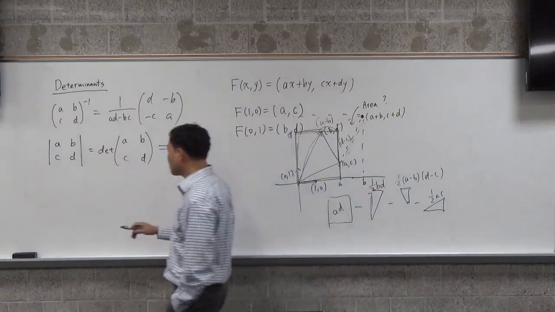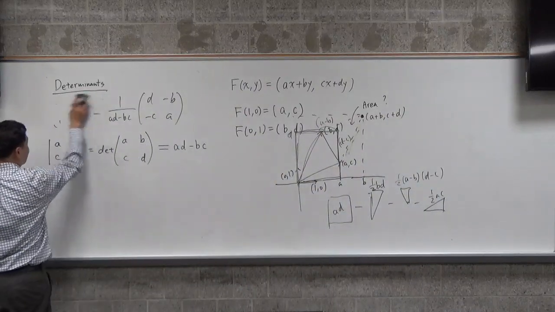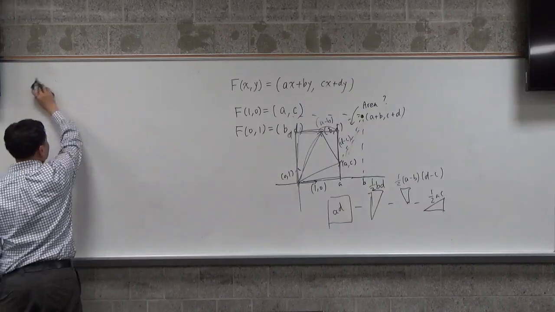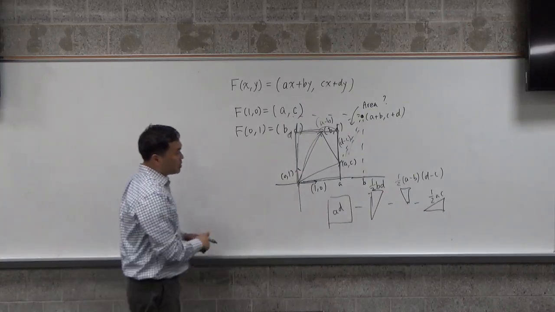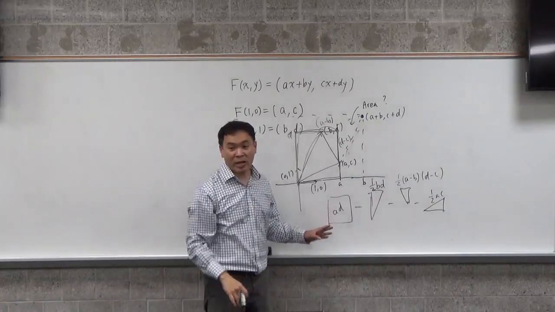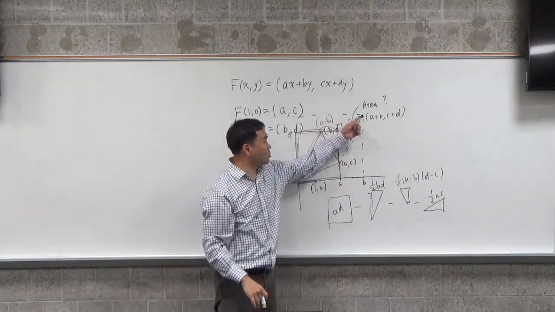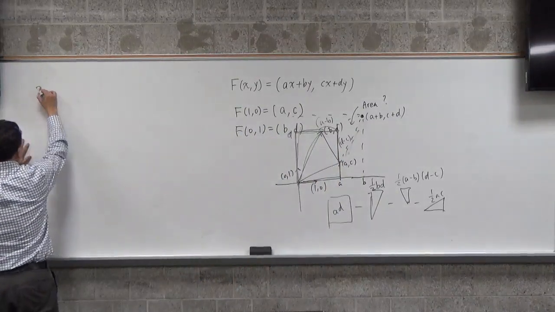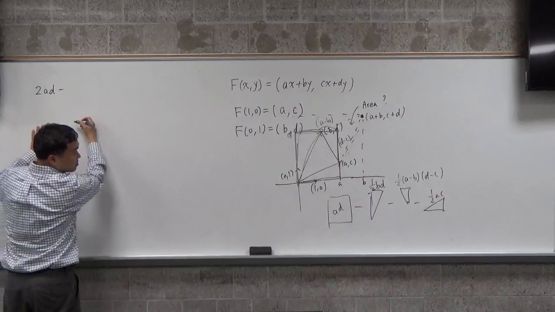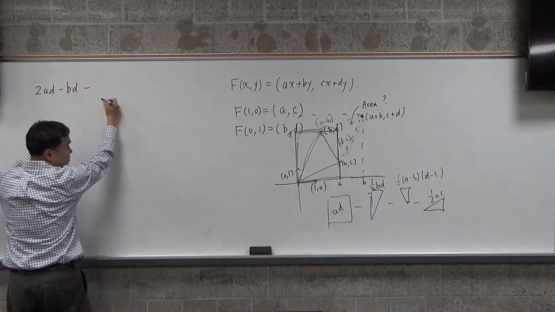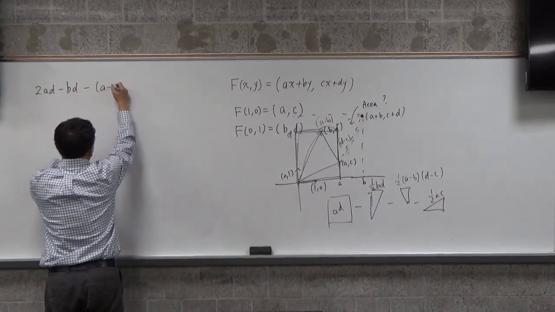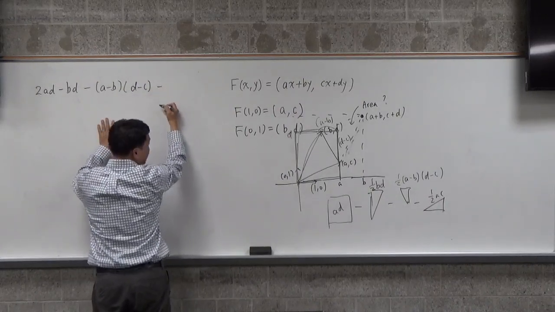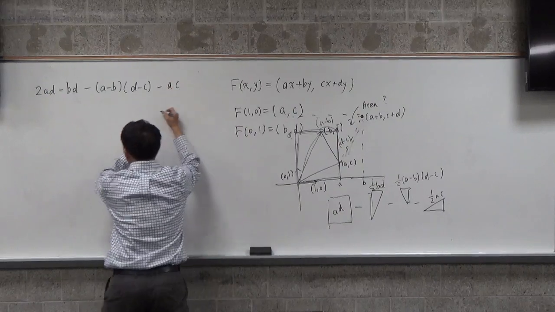Okay, so let's take some time to calculate that part. Because the 1/2 is annoying, let's just double this, because after all, we're trying to find the entire area. So what we have is 2AD minus BD minus A minus B times D minus C minus AC.